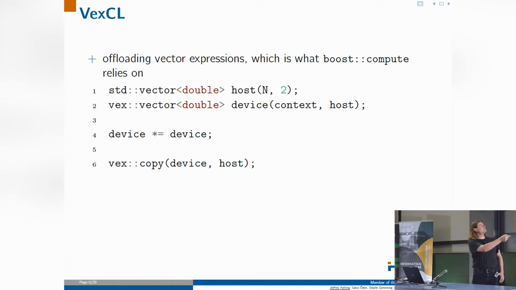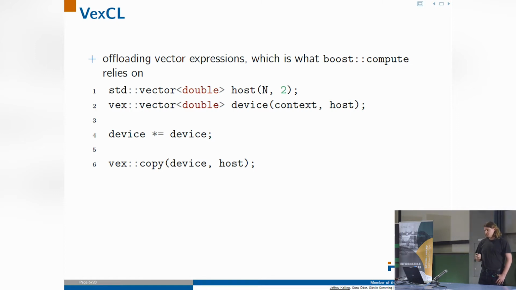When you create a context, that's the device context, which also contains the information about which backend it actually is. At first, you create a backend context from your deployed devices, and the constructor also directly copies in the host data. Then it has overloaded operators, for example here times-equal, so we can square it in place, for example. Then we get the result and we can just copy it down if we want to.